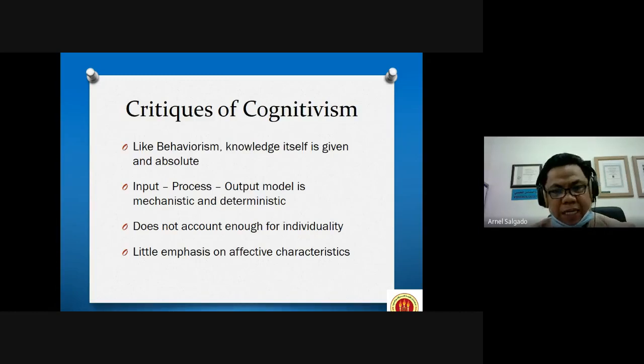So it does not account enough for individuality. We will not be looking into individuality. Remember, in the classroom there are so many students who are different from one another, very unique from one another. Like behaviorism, cognitivism lacks the recognition of individuality.